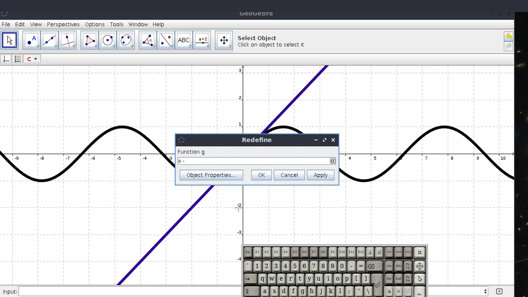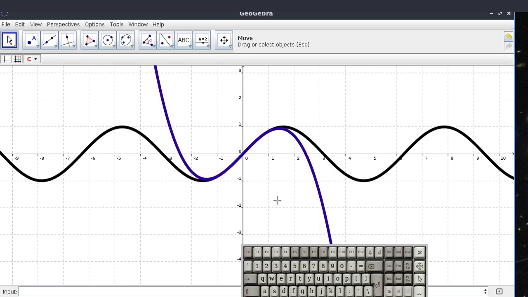X minus x raised to the power of 3 divided by 6. Now what we want to do is put this in bracket just to make sure. All right, so what does this look like? You see what x minus x cubed over 6 looks like.